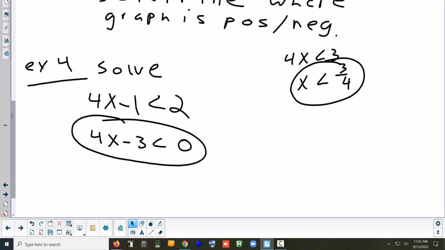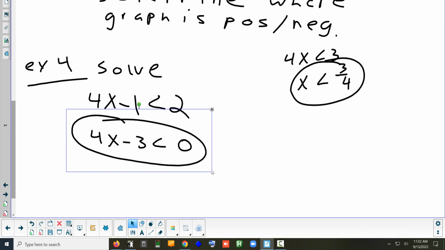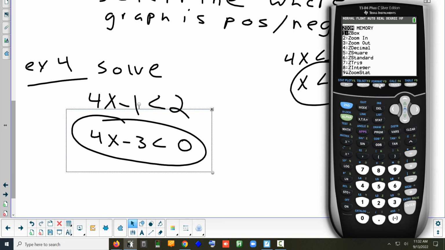Now graph. So we're going to go to y equals. We're going to put 4x minus 3. And we are interested in where this particular graph is under the number 0. Where is it under the x-axis? So let's do zoom 6.